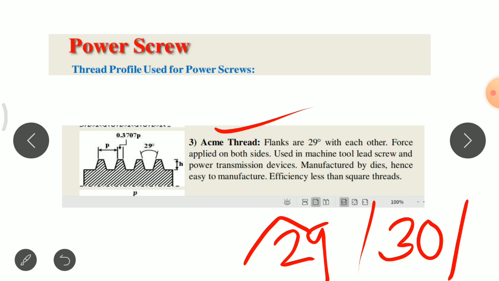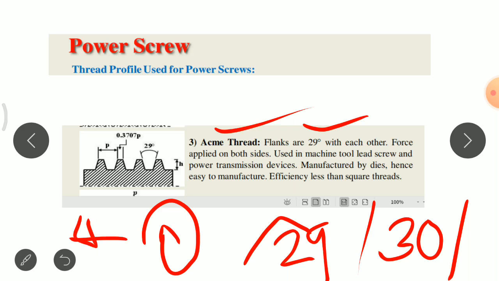Here we have the diagram of the Acme thread. The flanks are at 29 degrees with each other and the force is applied on both sides. When we rotate it in the clockwise direction it moves forward, and when we rotate it in the anti-clockwise direction it moves backward. Acme threads are used in machine tools, lead screws and power transmission devices.